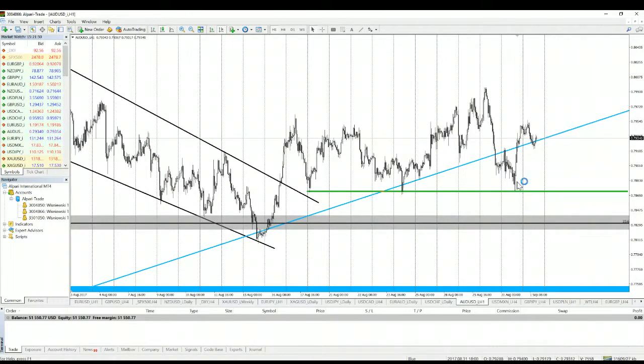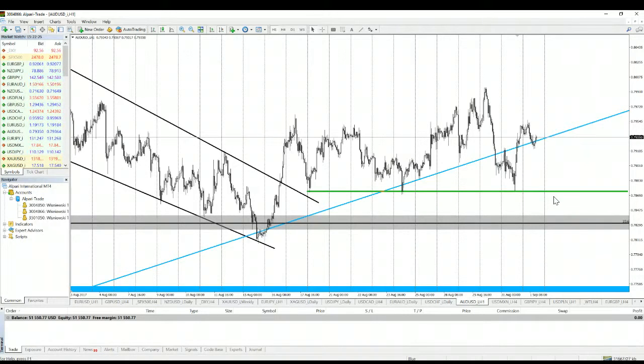Such a confirmation of the support gives us an idea that many traders who bought here have their stop loss orders below that green area. So a stop loss for a long position is a short position. If we'll have an increased number of selling orders here, and it drags the price lower, if the price goes even lower and breaks that support, the movement should accelerate because there are many stop loss orders for those long positions.